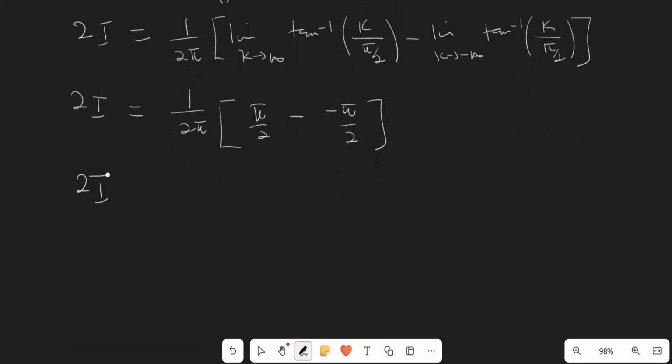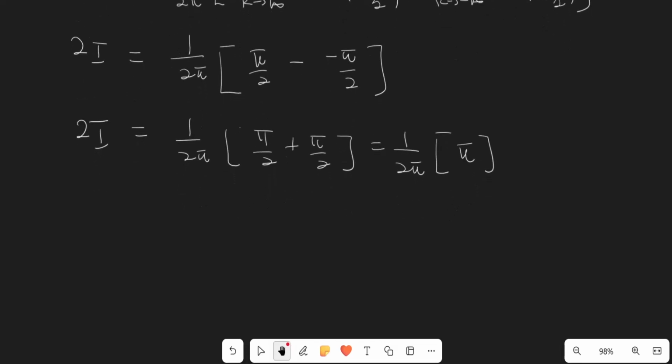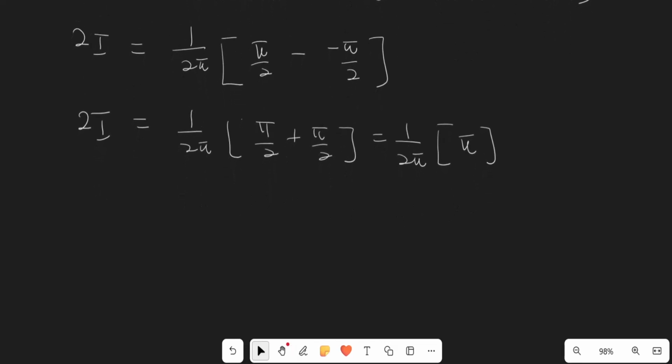So in the end, 2I is going to be 1 over 2 pi. This is just pi over 2 plus pi over 2, which is 1 over 2 pi times pi. Pi over 2 plus pi over 2 is pi. So in the end, you have 1 over 2. So 2I is going to be 1/2.